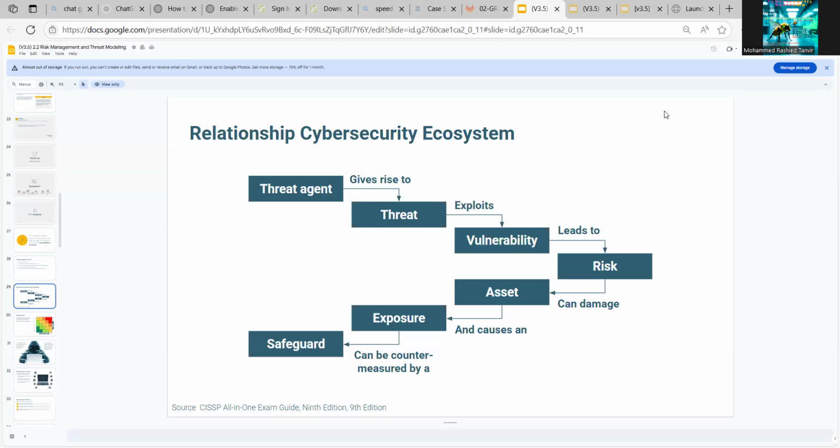So this is the relationship in the cybersecurity ecosystem, but this is a very, very high level ecosystem. This is not related to the Security Plus exam. This is CISSP exam related. But we are cybersecurity engineers, we are just understanding the relationship in the cybersecurity ecosystem.